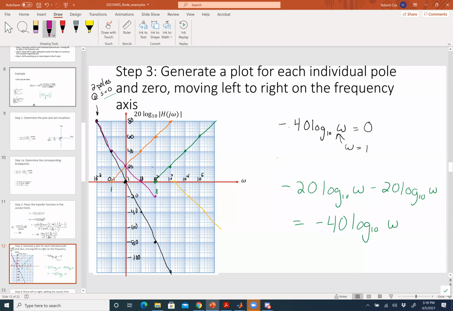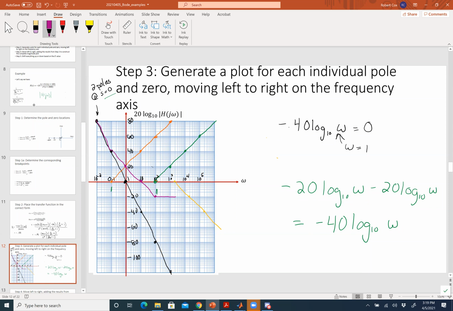I reach another breakpoint there, and that breakpoint is a zero. So adding a zero does what to my slope? It increases my slope by 20, which in this case means my total slope is 0. I really can't draw a straight line here. It's going to be 0 to the next breakpoint, which is there at 2000.